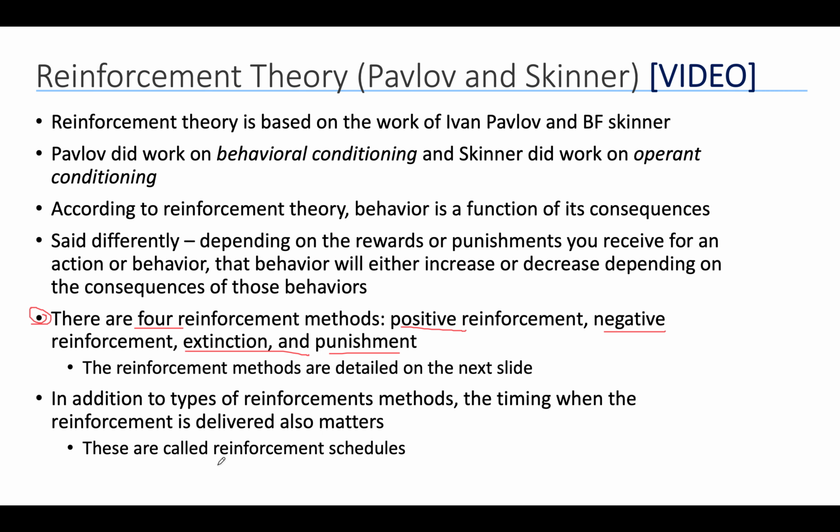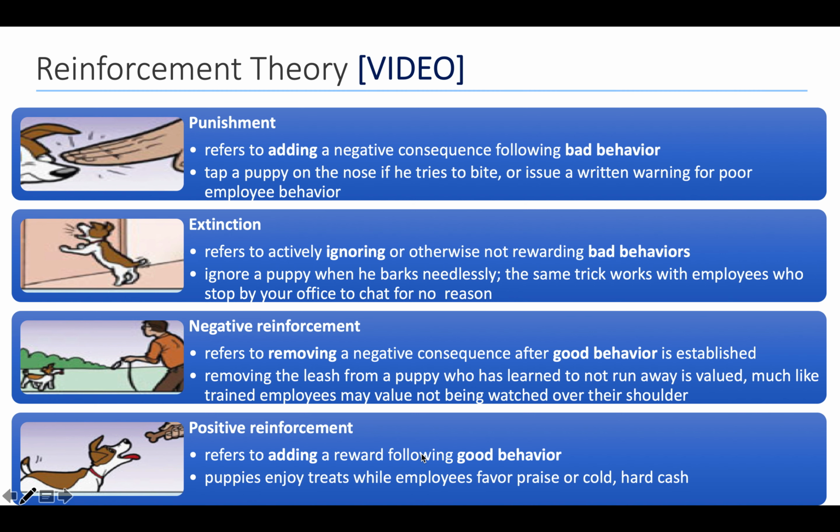Then we also have the reinforcement schedules, the timing of the consequences. So here are the 4 types of reinforcement methods: punishment, extinction, negative reinforcement, and positive reinforcement.